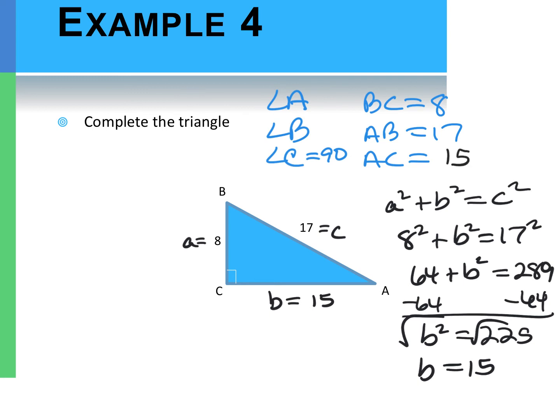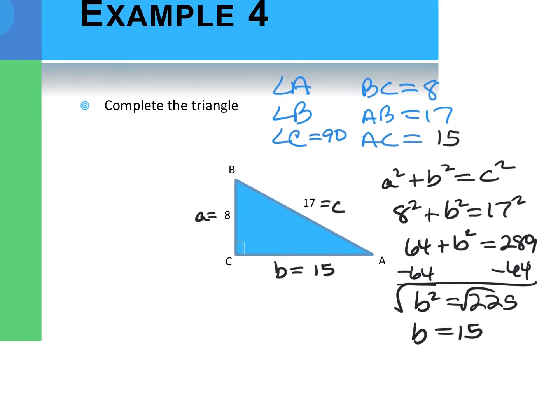Now I need to go back and do the inverse tangent ratios to find angle A and angle B. So let's first do angle A. So here's angle A. The sides in relation to A, 17 is the hypotenuse. Opposite to angle A is the 8, and adjacent to angle A is the 15.